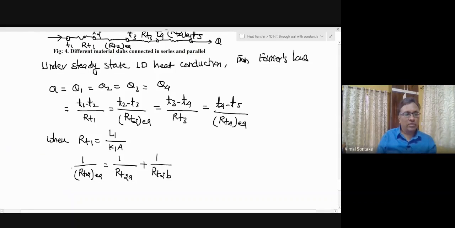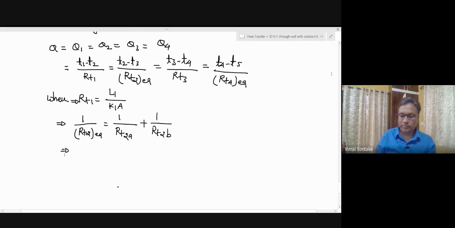For RT3, it is an individual slab material, so L3 over K3 A3.